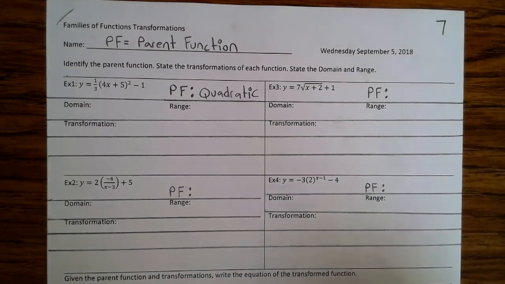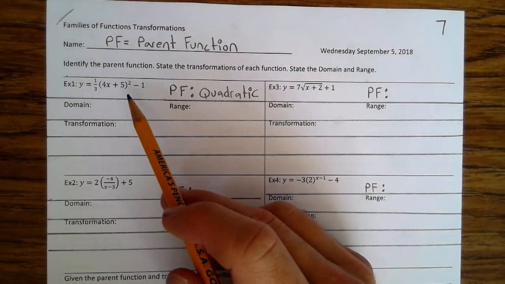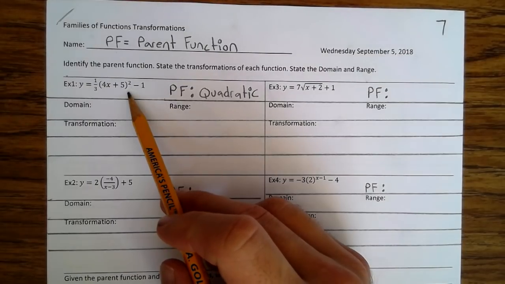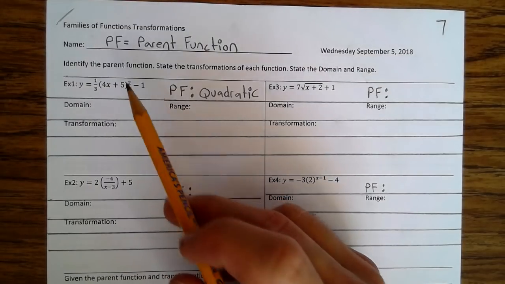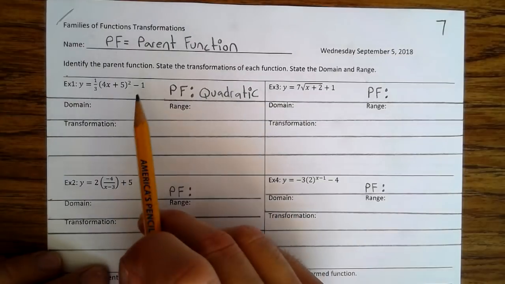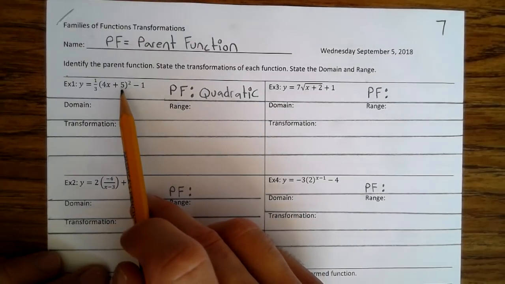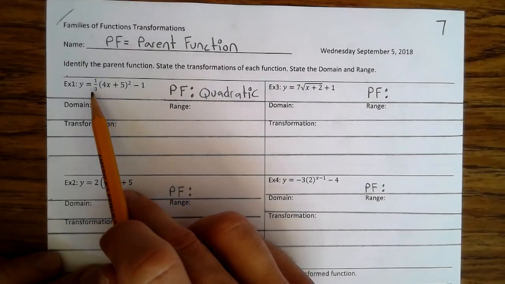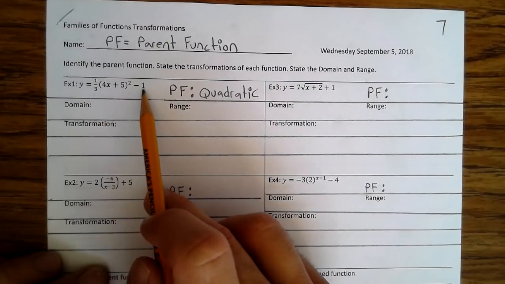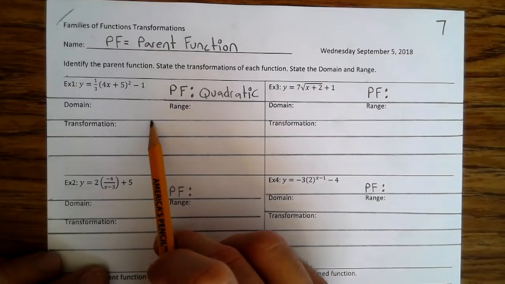Now, you can graph this, but we should be able to look at it and realize what the domain and range are. Okay. So here, the plus 5 tells us that we move left 5 units, and the minus 1 means we move down 1 unit.